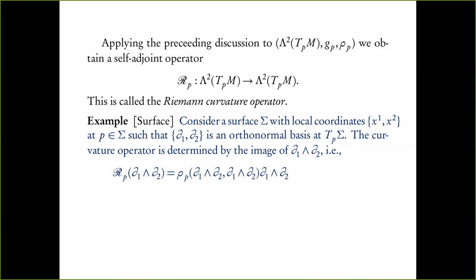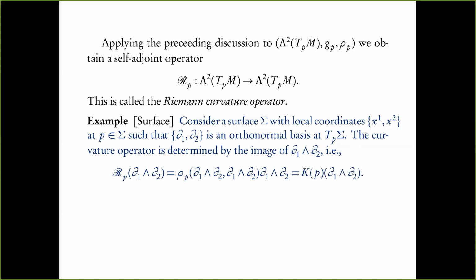So remember R of P, what was the definition? You calculate rho P, the bilinear form, acting on the basis elements EI, times EI, summed over, but there's no sum. There's only one element, which is del 1 wedge del 2. So it's simply going to be the bilinear form acting on del 1 wedge del 2, comma del 1 wedge del 2, times del 1 wedge del 2. But what is the bilinear form rho P acting on del 1 wedge del 2, comma del 1 wedge del 2?